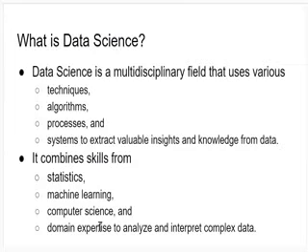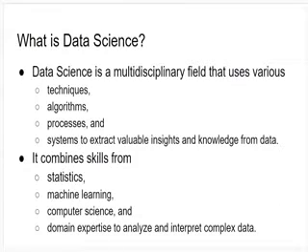The data can be structured or unstructured. It can be any kind of data. It can be labeled or not labeled data, and it can involve supervised or unsupervised learning, because of the labeled and unlabeled data.